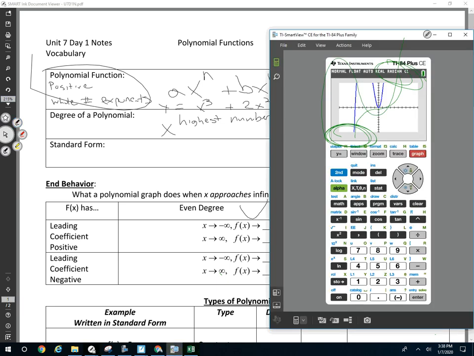If I have x to the fourth, it looks like a U. No matter how I adjust it, so long as I'm not adding or subtracting anything that is higher than or equal to x to the fourth, say I subtract a 3x cubed, it will still have an end behavior of a U, like we see right here.